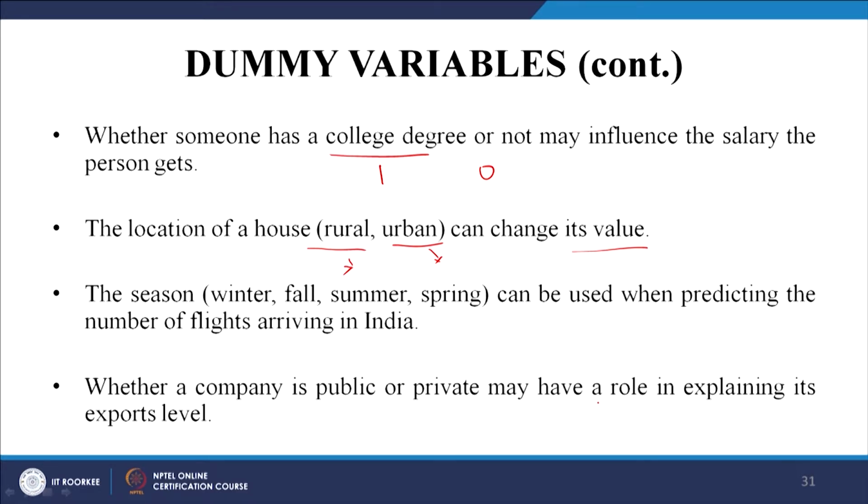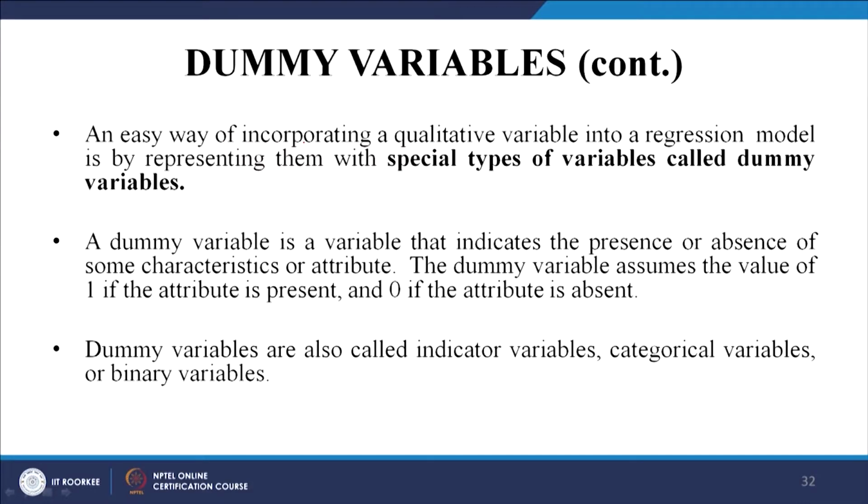So, these are some of the variables which are all categorical, but they do have an impact on the regression equation. How do we include these variables into the study and explain them, right? Let us see. A dummy variable is an easy way of incorporating a qualitative variable or a categorical variable into a regression model by representing them with special types of variables called dummy variables.